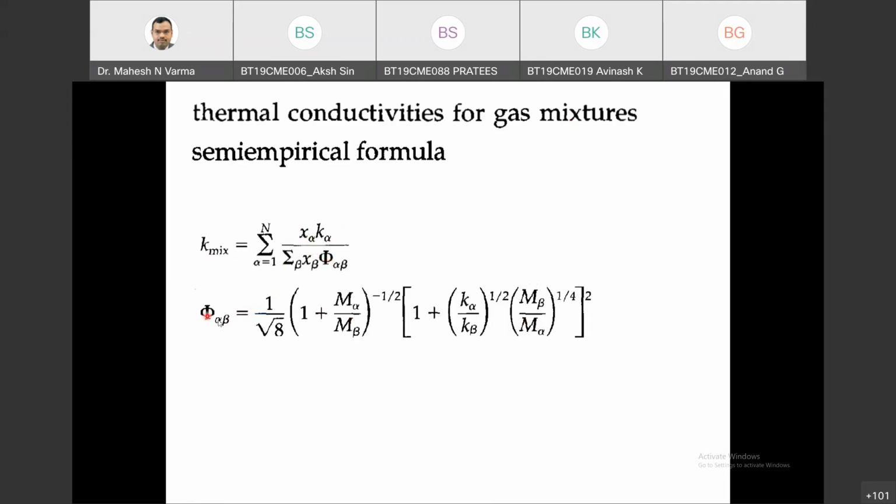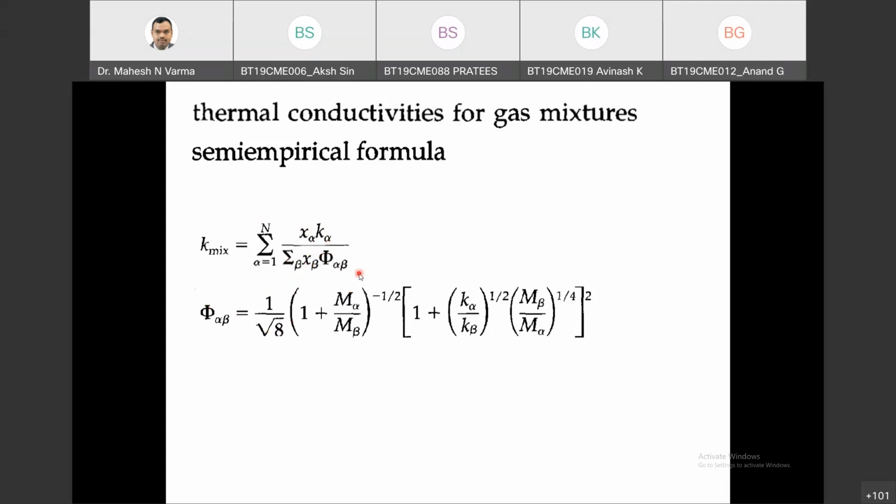Interaction is similar means this will equal 1, and x beta varies from 1 to n, so it will equal 1. This will be the summation of x alpha into k alpha. But when you consider the difference in interaction between the molecules, you can use this formula to get the thermal conductivity of a gaseous mixture.